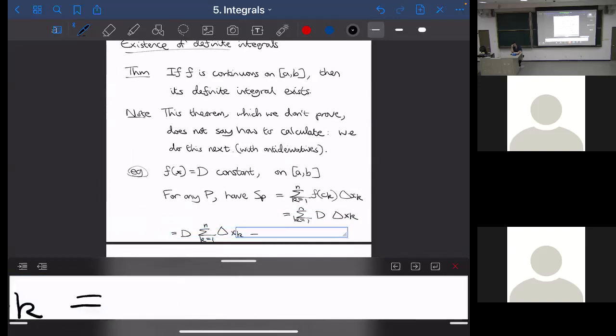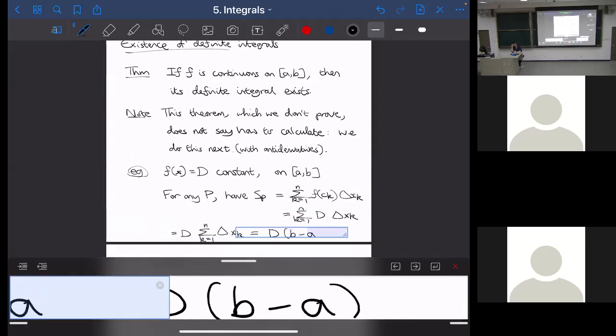Like this. And we get d times the length of the interval, b minus a. Okay, let me check these questions.